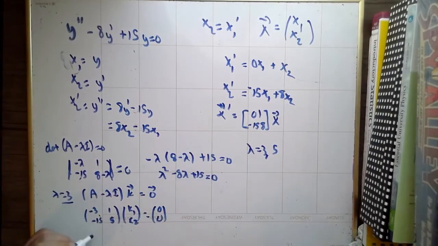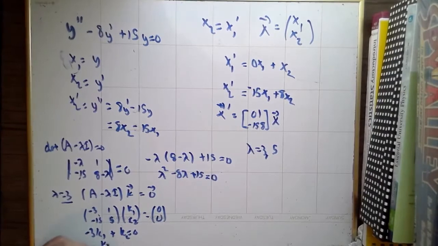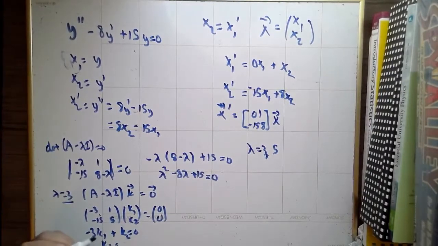So what do we get? Negative 3 k1 plus k2 equals 0. Move that guy to the other side. k2 equals 3 k1. So my first eigenvector, just swap coefficients, make him a 1 and him a 3. That will be the eigenvector 1, 3.